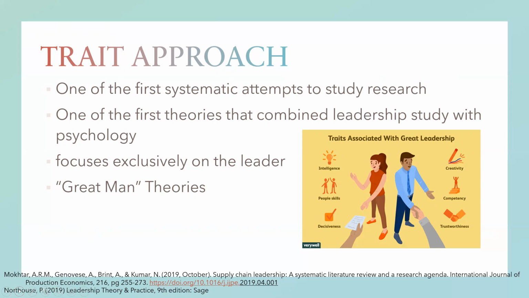Overall, their belief was that great leaders don't learn their abilities, they were more born with them. They are brought into the world with all the characteristics needed to be a great leader. If you are not born with these traits, then you are not destined to be a leader, is what the great man theory thought. Trait approach started with examining these abilities and identifying the traits exhibited by these great leaders.